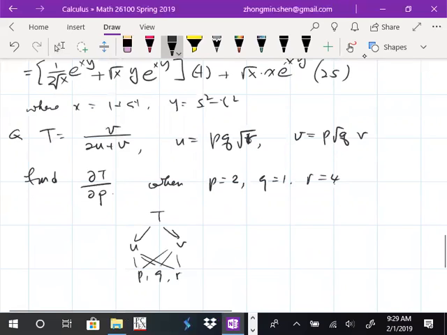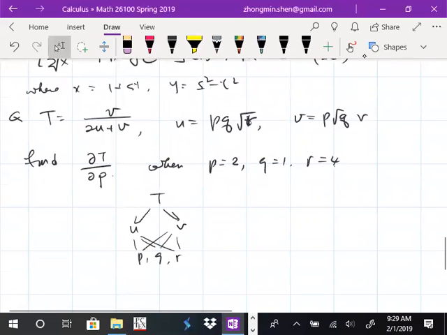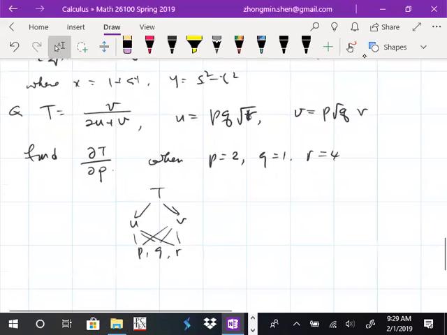So finally, t is a function of p, q, r. We want to find the rate of change of t with respect to p. So the partial derivative of t with respect to p is just the rate of change in t with respect to p when q and r are fixed.